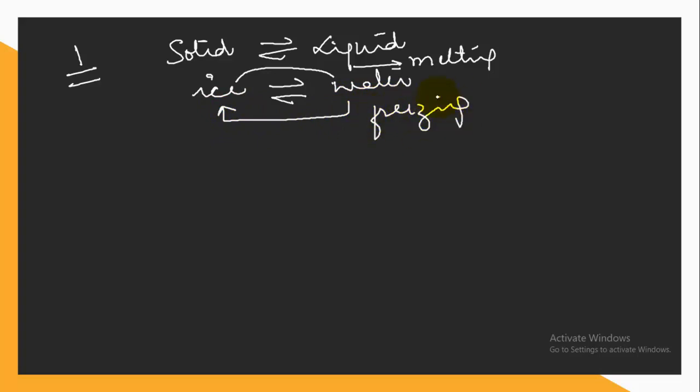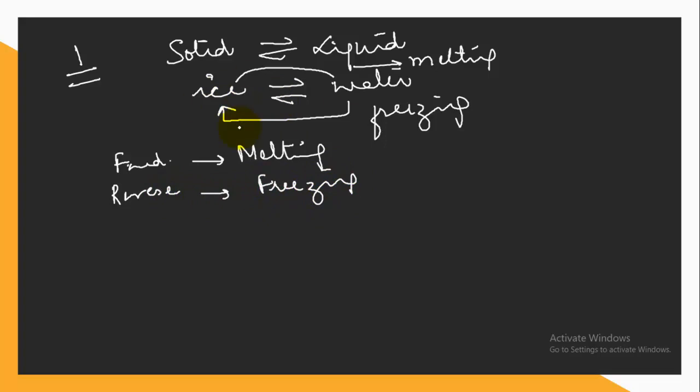This process is called freezing. So in the forward direction, we have melting, and in the reverse direction, we have freezing. These are the two processes you can see here. So what happens at equilibrium?